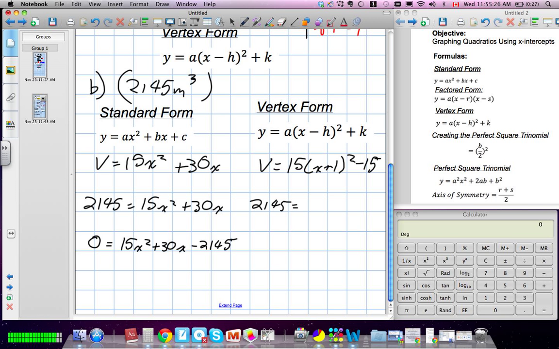In the other equation, it's the same idea. We have 2,145 is equal to 15(x plus 1) squared minus 15. In our vertex form, we'll probably want it set equal to 0 again so that we can solve it.